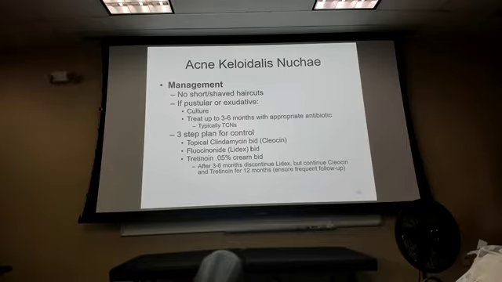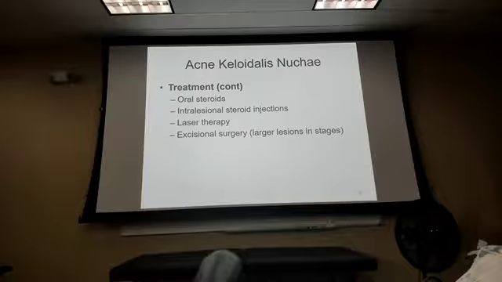After 3 to 6 months, discontinue the fluocinolone, which is the one above that, but continue the clindamycin and retinoid for 12 months. Okay? So if it's getting better, then we can get rid of the middle one, but we're still going to keep the others up to persist.